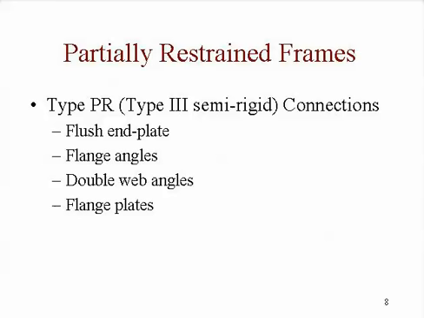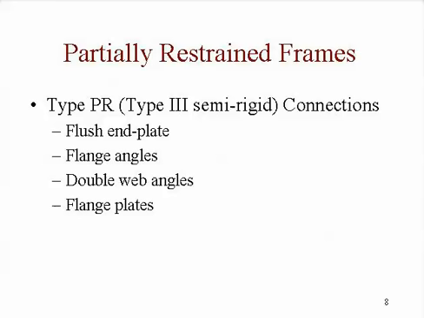When we look at PR connections or Type 3 connections, we're talking about typical connections that you use. They might be flush end plates or just flange angles or double web angles or flange plates or any connection that you can think of that might not be perfectly rigid, but would resist some moment even though they allow some relative rotation.